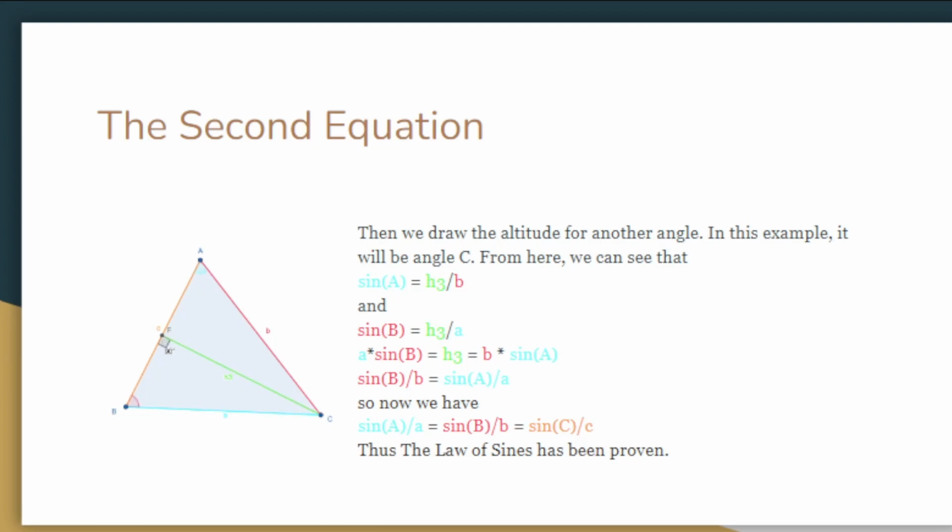In this instance, sine of angle A equals h3 over side B, and the sine of angle B equals h3 over side A. Therefore, side A times the sine of angle B is equal to h3, which is also equal to side B times the sine of angle A. And therefore, the sine of angle B over side B is equal to the sine of angle A over side A. So now we have that the sine of angle A over side A is equal to the sine of angle B over side B, which is also equal to the sine of angle C over side C, and thus the law of sines has been proven.